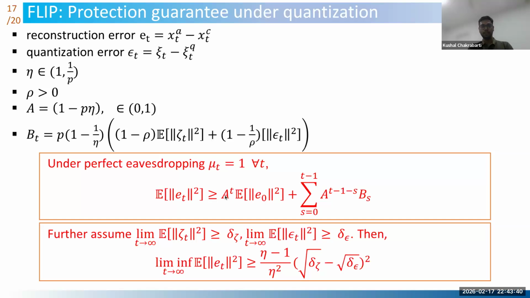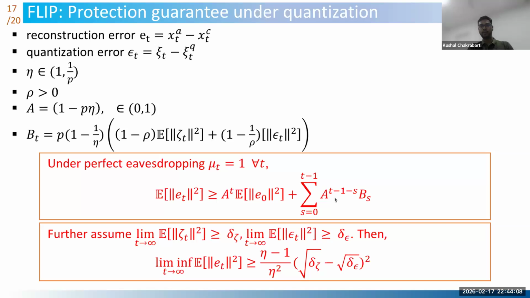If you look at the components, there is a decreasing quantity A, which lies between 0 and 1. So as t goes to infinity, this component will vanish, and it is coming only from the initial mismatch of the reconstruction error. Also, if both the adversary and client somehow start from the same point, this component is always 0. Otherwise, there will be some component for finite times.